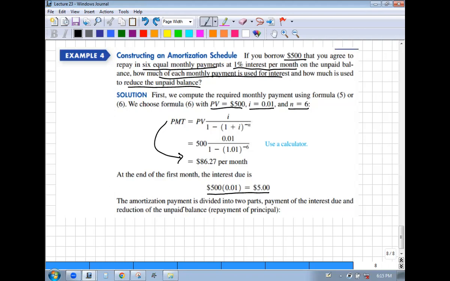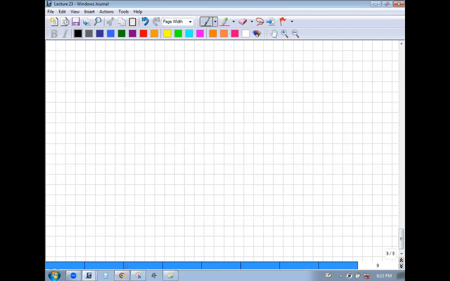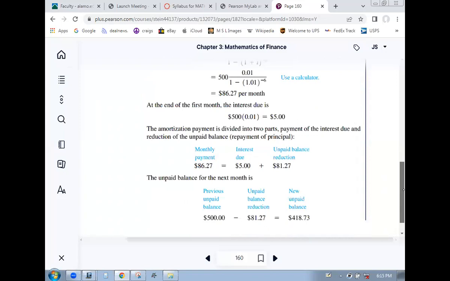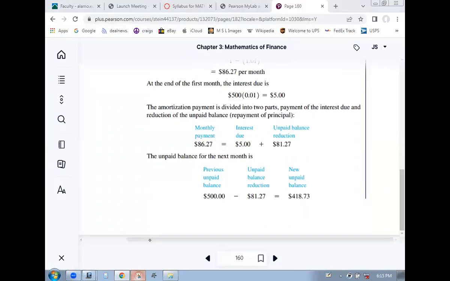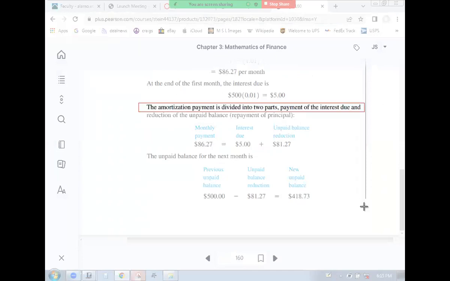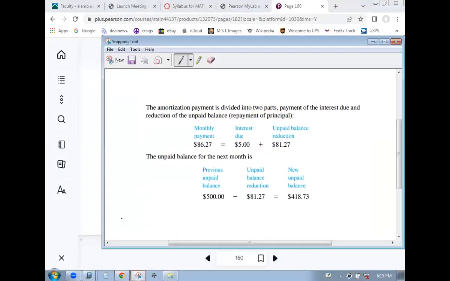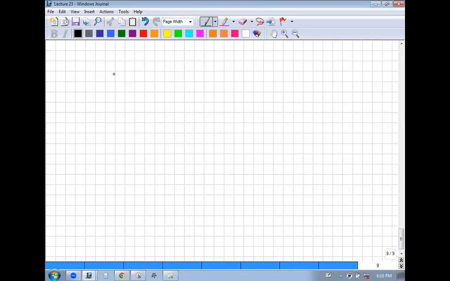The amortization payment is divided into 2 parts: payment of the interest due and reduction of the unpaid balance. I'm interested to see how they figure this out. Because it seems like it could be a decision, like when I pay my student loans, they ask me. So here, there must be some assumption being made about what goes to what.